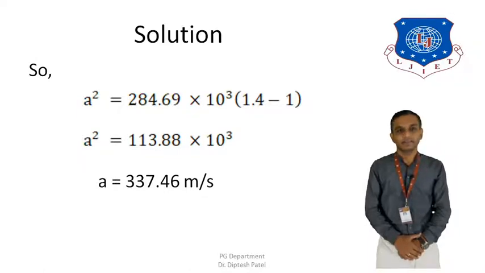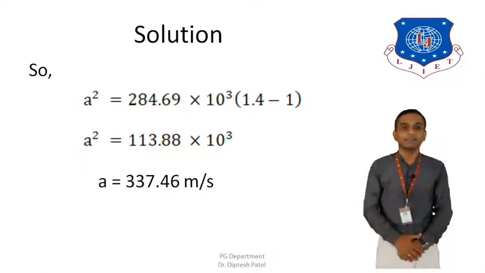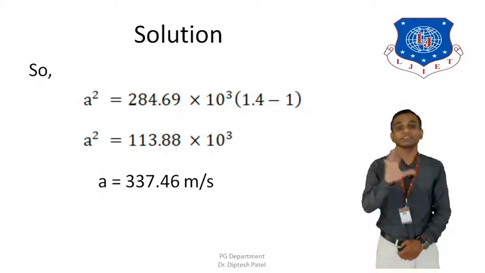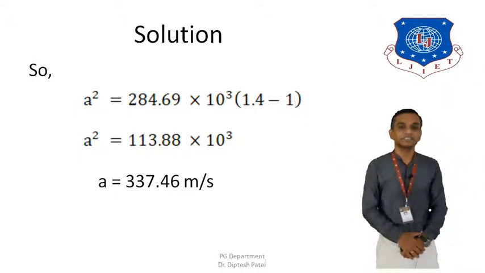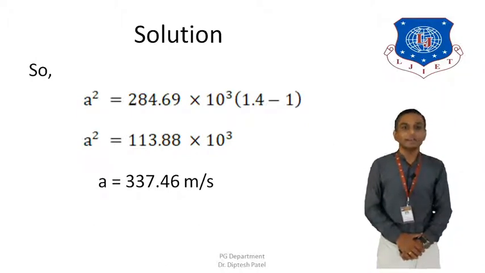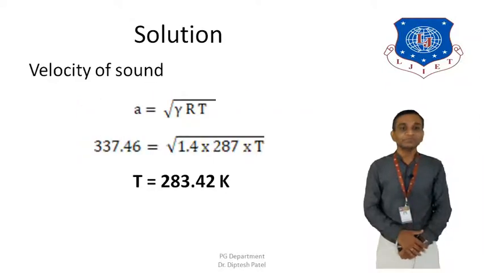Therefore a is equal to 337.46 meter per second. So a is the velocity of sound at static condition, and that is 337.46 meter per second. Now let's move further.